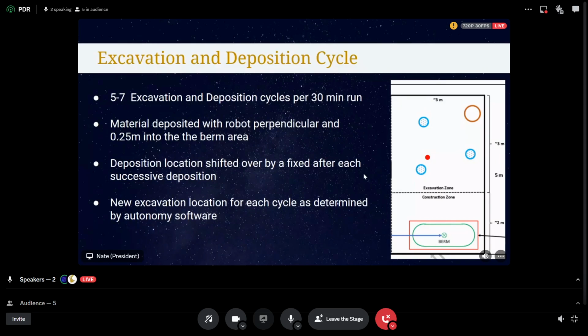This is so that we can continue digging in a relatively compact area, and a new excavation location will be determined each cycle. So one cycle of excavation will happen, it goes to deposit, and then it goes back to a new location and continues that cycle again.